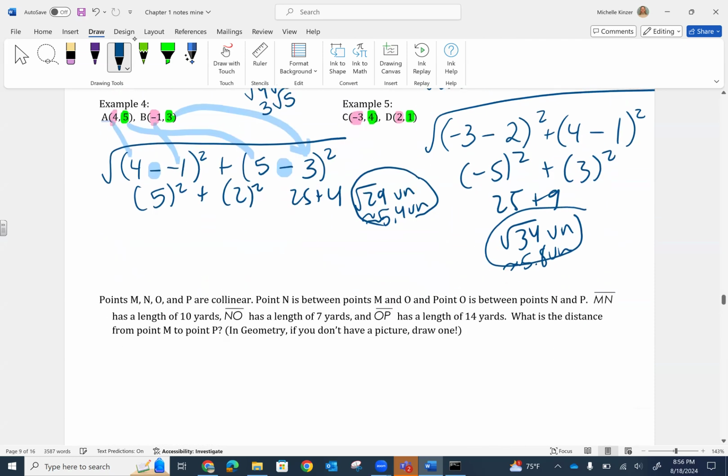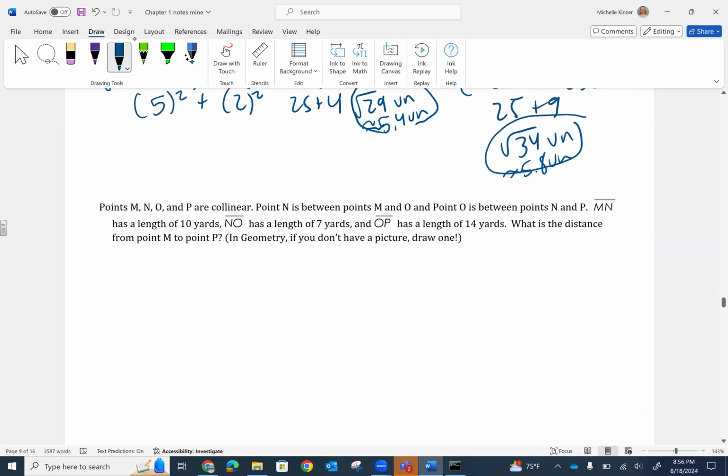Let's look at the last one. It's a little bit of a problem-solving one. It says M, N, O, and P are collinear. Means they're on the same line, okay? And point N is between M and O, and point O is between N and P. Okay, so it means we have M, N, O, and P. So they tell us that MN is 10 yards, and NO is 7 yards, and OP is going to be 14 yards.